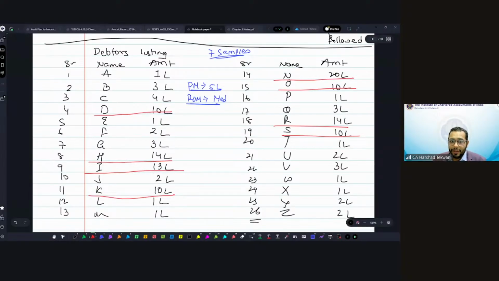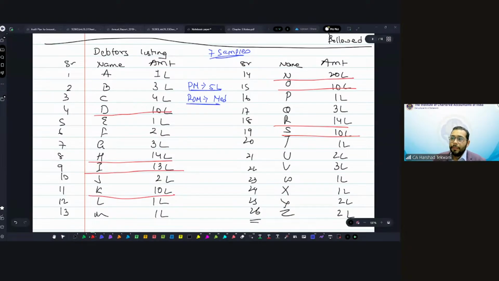But in this kind of scenario, it is not statistical. You are applying your judgment and taking high value amounts, so this is a non-statistical sampling method.